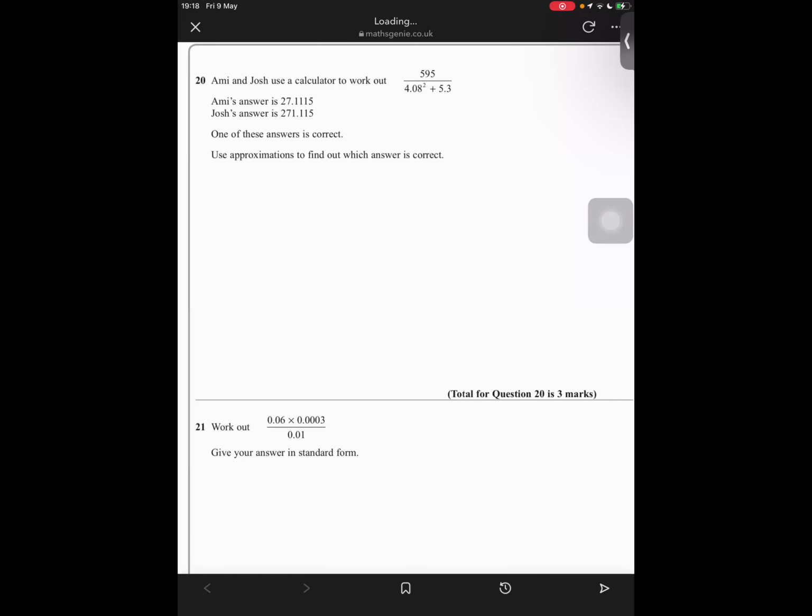Which of these numbers is closest to 30? 27.1115 or 271.115? Which one is closest to 30? 27.1115. So that means Amy's answer is correct.